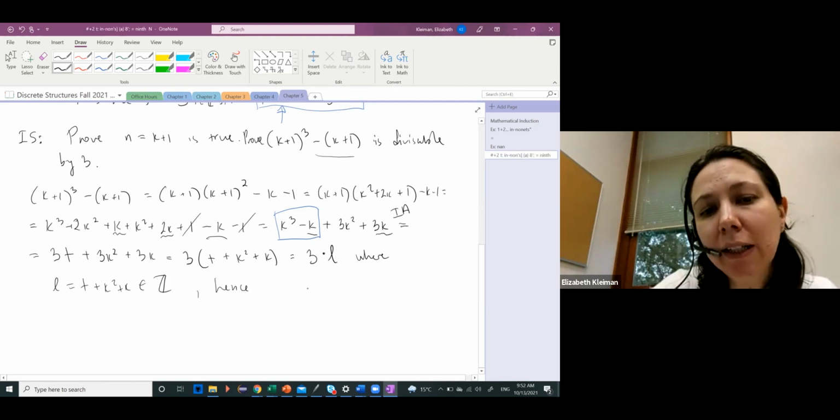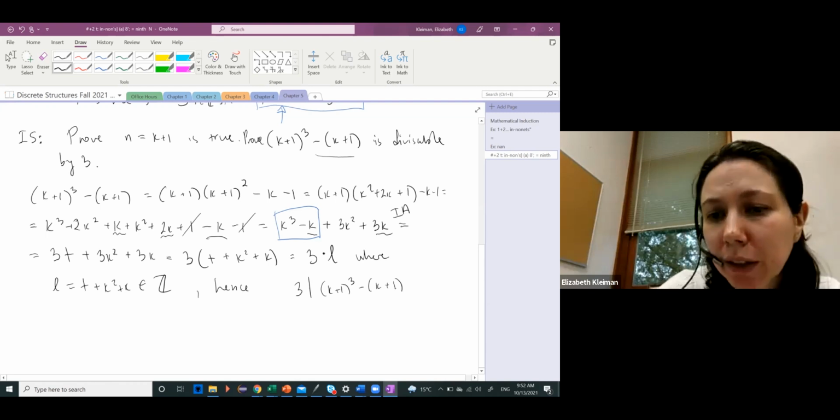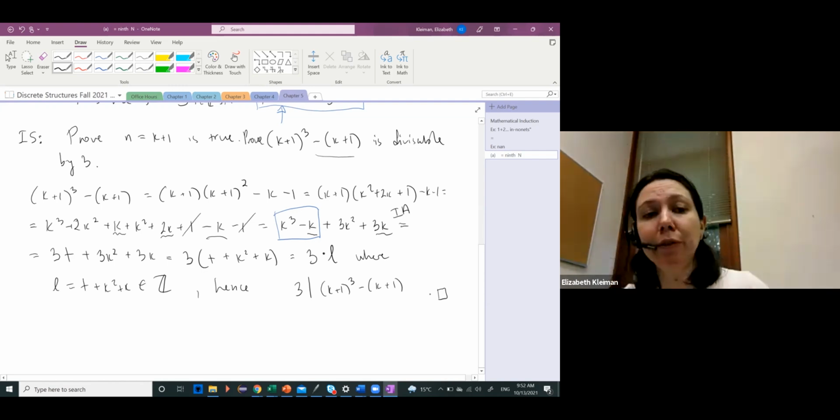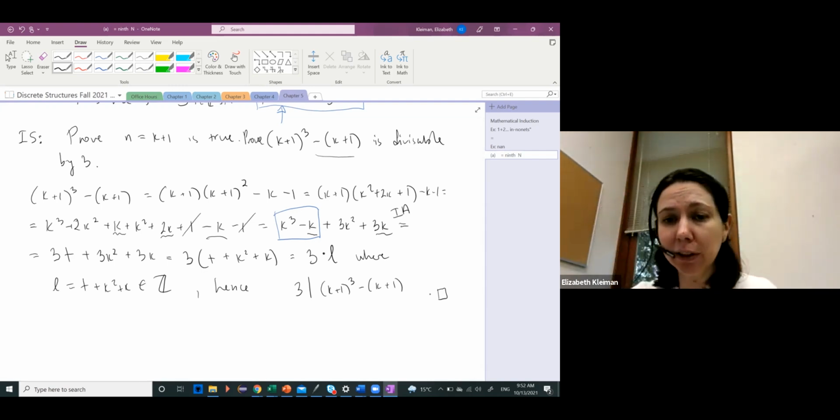Hence, 3 divides (k plus 1) cubed minus (k plus 1), correct? So we proved that n equal to k plus 1 is true.